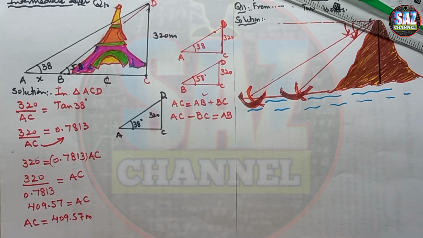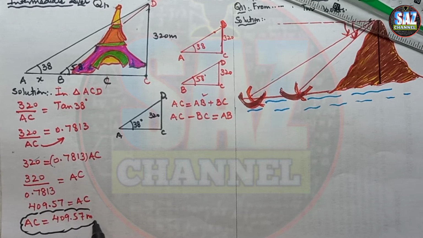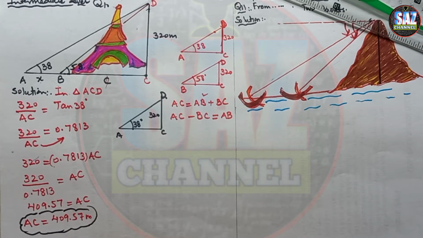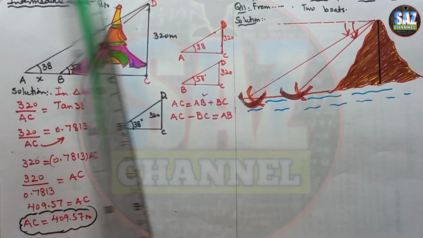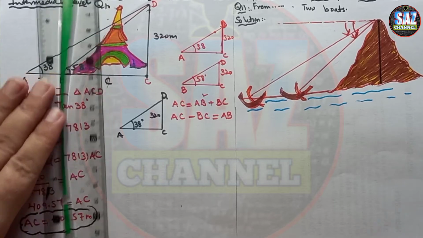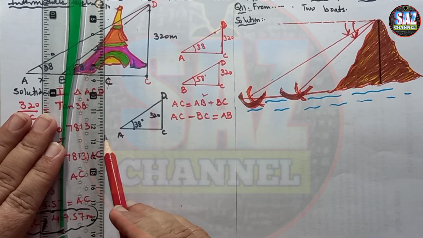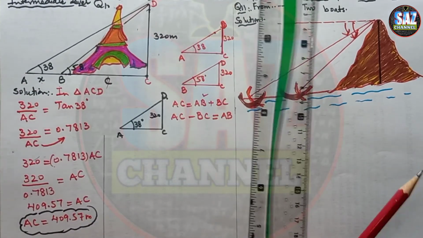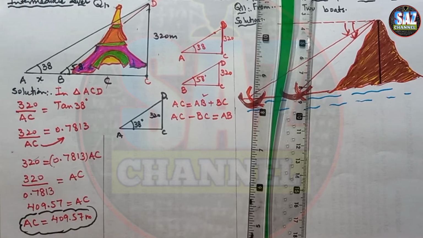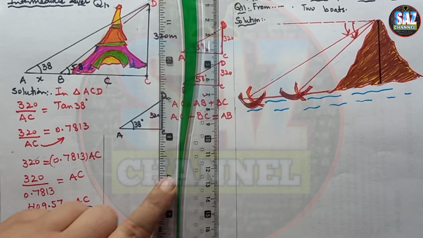Okay, now we have to think about BC. In order to get BC, let me first draw a line here so that my students should not mix working with the other part. Again, I have to take the triangle BCD.